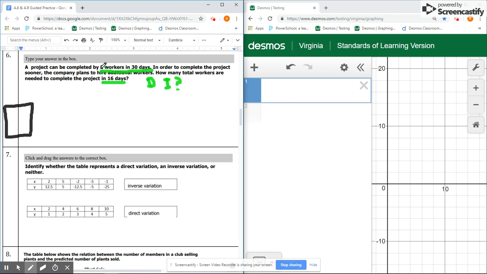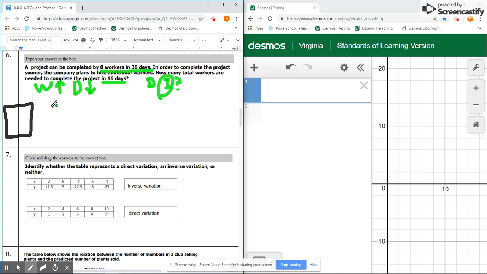Okay, so the more workers we have, the fewer days there will be. So workers goes up and the days goes down. All right, we need to think if that's going to be direct or inverse variation. So remember, when something increases and it causes another quantity to decrease, that's going to be inverse variation. All right, so we need an inverse variation equation.